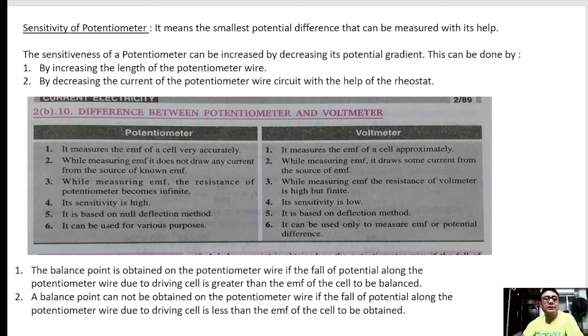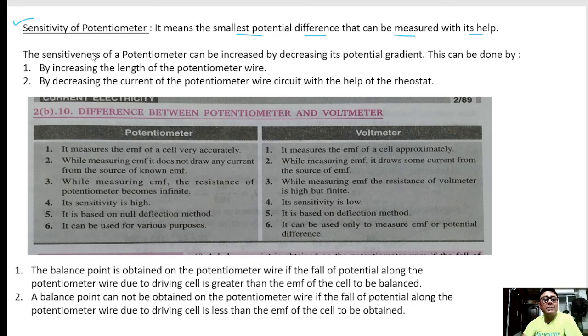So first of all, let's see the sensitivity of the potentiometer wire. What is sensitivity? It is the smallest potential difference that can be measured with its help. The smallest value of potential which you can measure using a potentiometer wire is called the sensitivity.